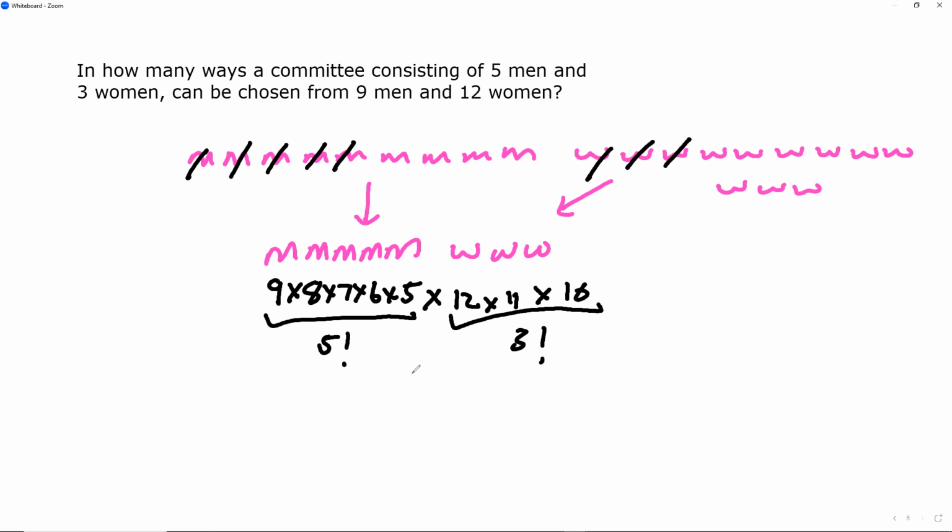If we do that, what will that come to? I'm going to go into the calculator manually, and I'm going to go 9 times 8 times 7 times 6 times 5. Comes to 15,120. And 5 factorial is 120. So 15,120 divided by 120 is 126 ways.